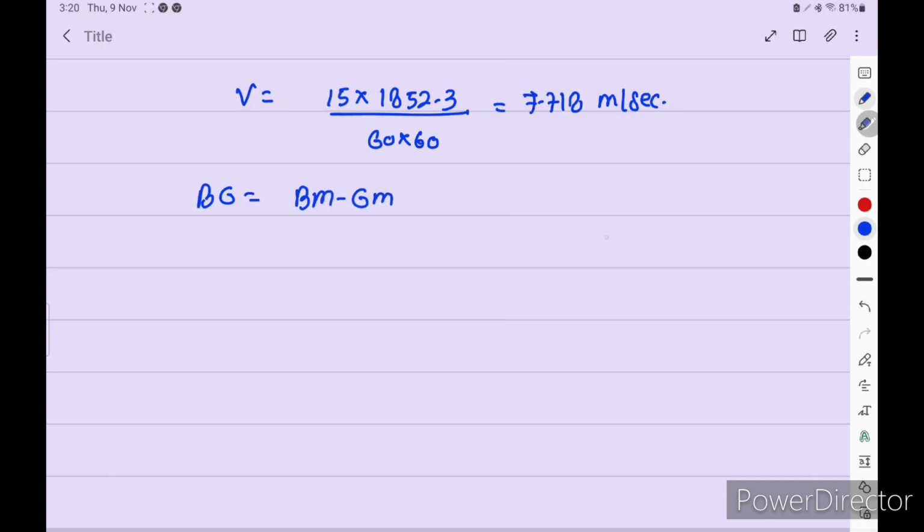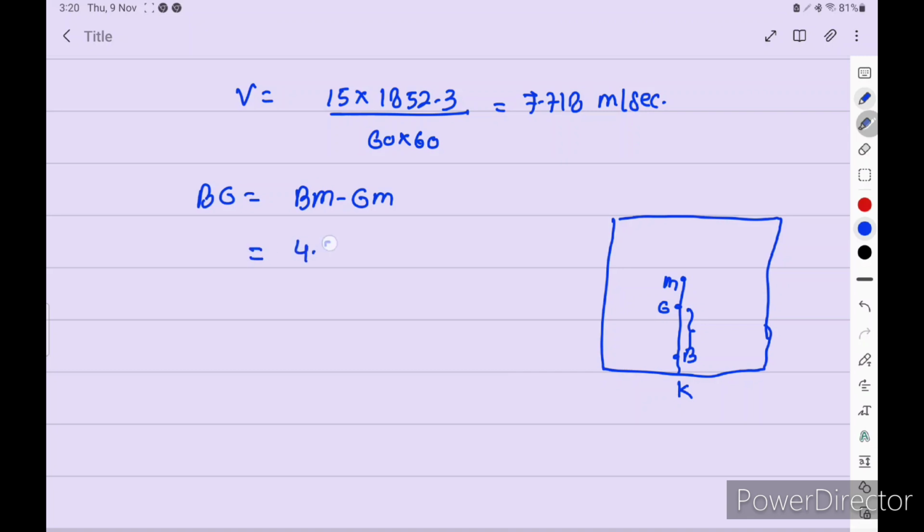How? This is KM, this is KB, this is GM. So we can find out BG by this diagram. So BM is 4.2 minus 0.5 is equal to 3.7 meter.